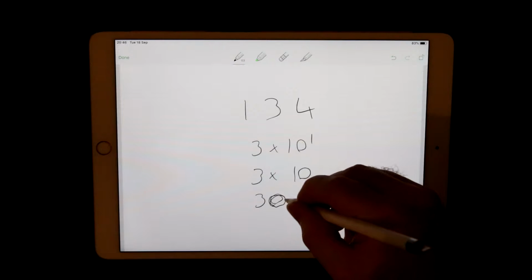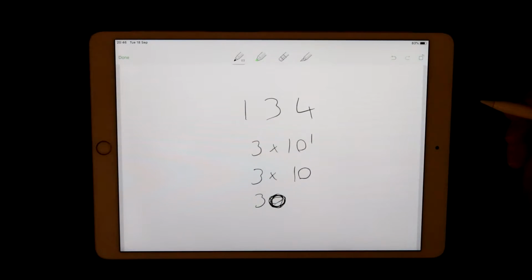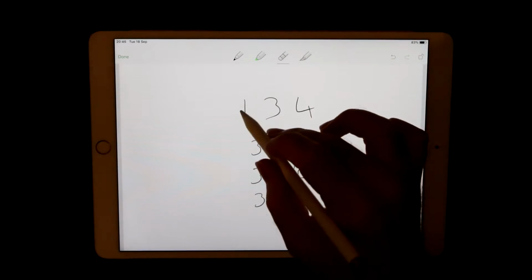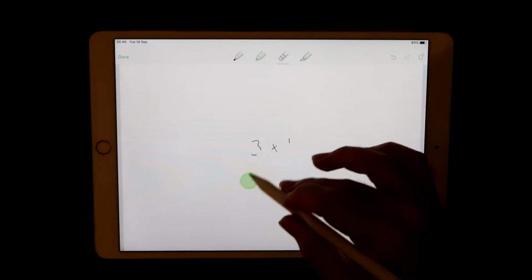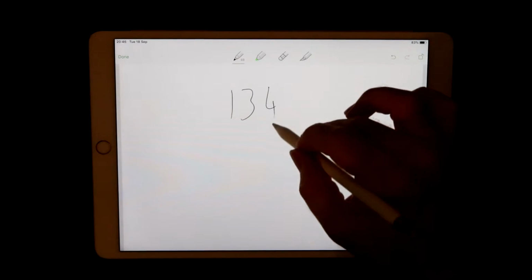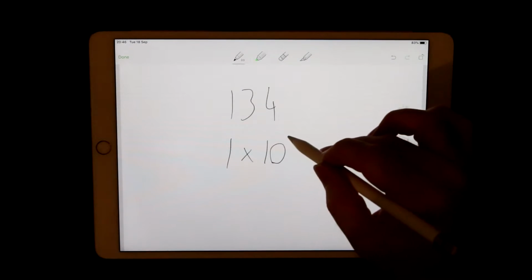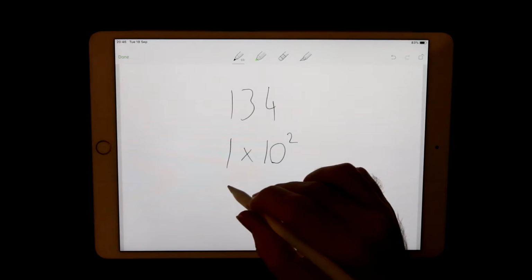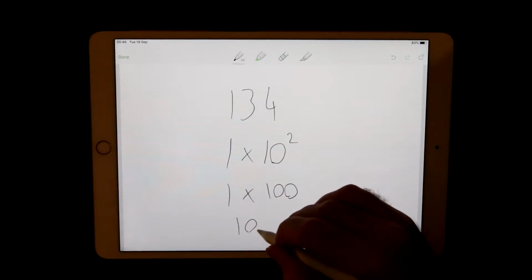My writing leaves a lot to be desired. And then, whoops, I shouldn't have erased the 1 through 4. I'll put it back. Then the 1 is multiplied by 10 to the power of 2. Or 1 multiplied by 100. Or just 100.